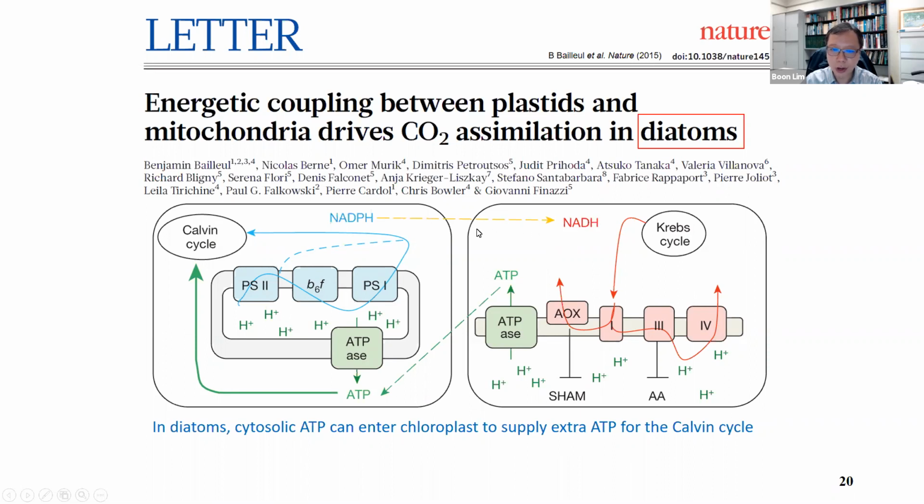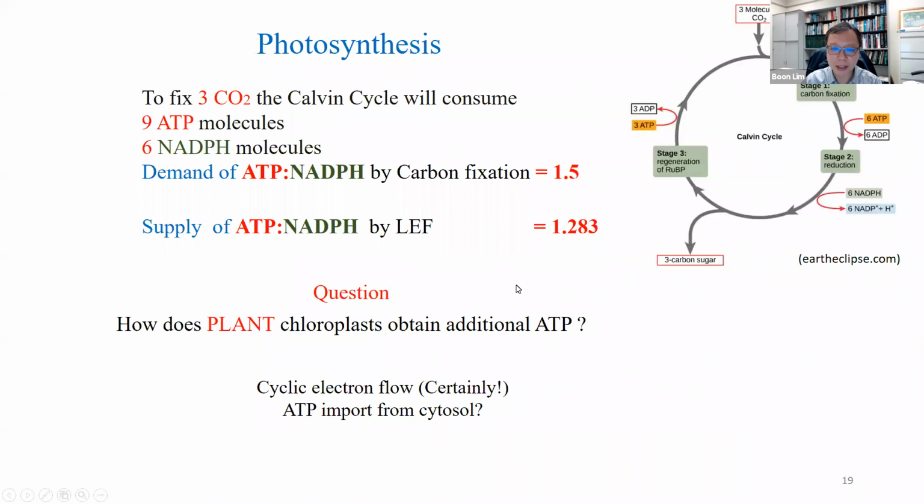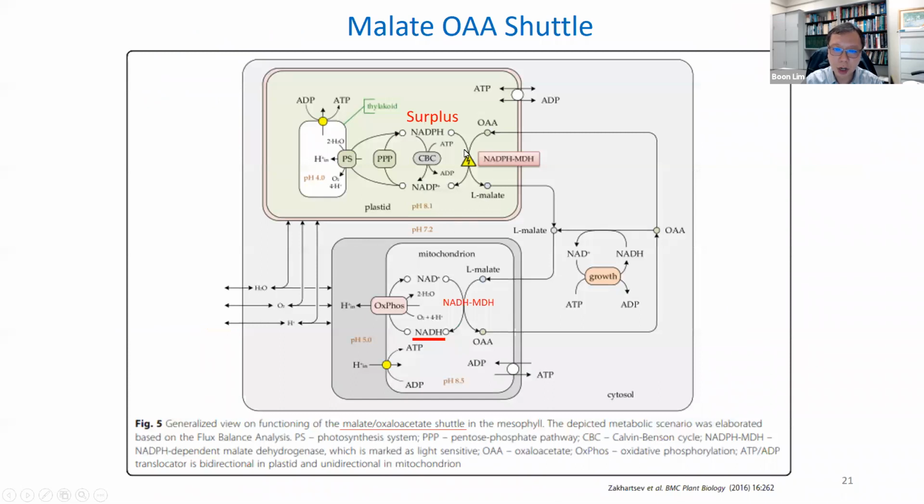So what is the malate-OAA shuttle? This can be explained in this figure. As I have explained, there's not enough ATP, but if you reverse this, you can say that there is a surplus of NADPH. So in the malate-OAA shuttle, the surplus NADPH can be converted into NADP, and this reaction also converts OAA into malate through an NADPH-dependent malate dehydrogenase enzyme in the chloroplast.